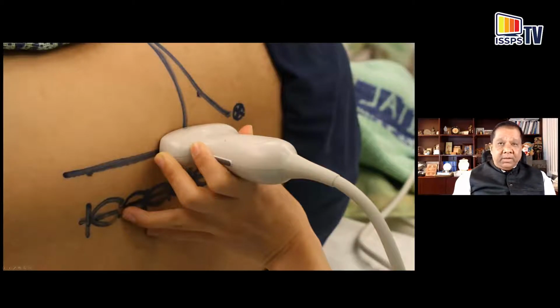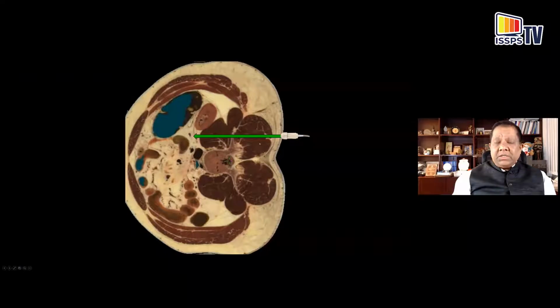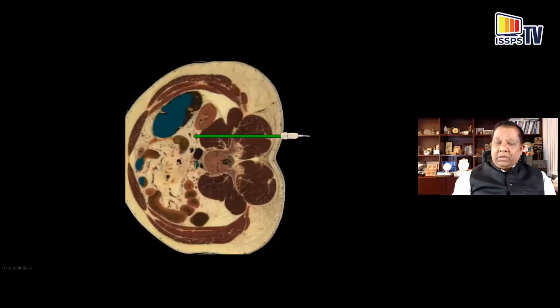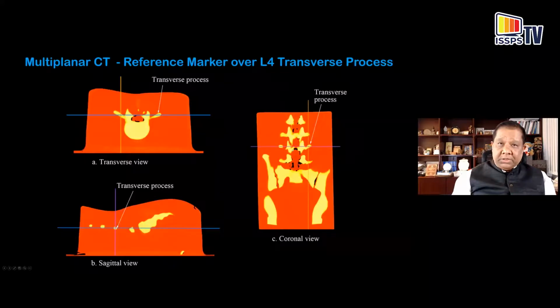So it's paramedian and sagittal, about 3 centimeters paramedian and just above the level of the intercristal line here. This is how the ultrasound beam is insonated. You can see the green arrow. This image would insonate not only the posterior paraspinal muscle, but also the transverse process and the psoas muscles anteriorly.